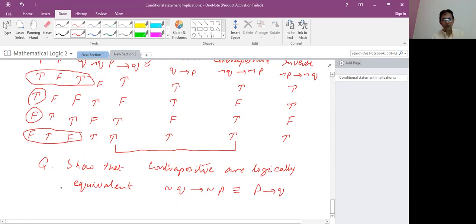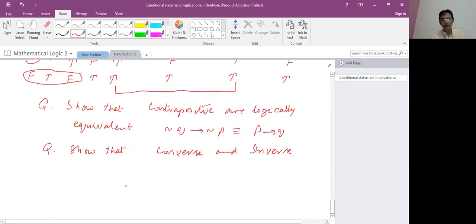Similarly, for the next question, show that the converse and inverse are logically equivalent.